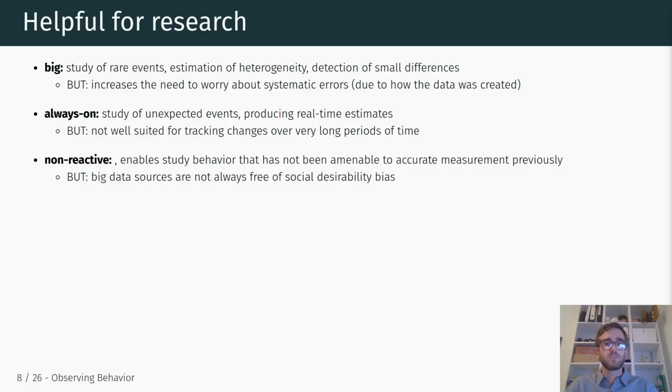So focusing on the extent to which people search for potentially racist terms allows you to measure something that is otherwise really hard to capture using standard surveys. But of course, we have to keep in mind that even if these big data sources are non-reactive, that doesn't necessarily mean there's no social desirability bias whatsoever. It certainly depends on the context as well.